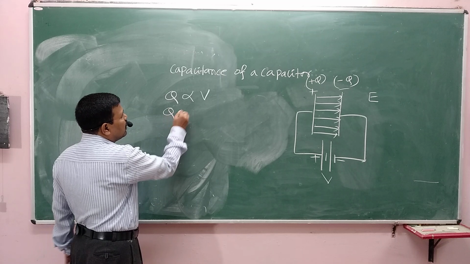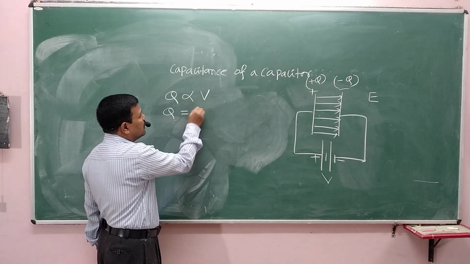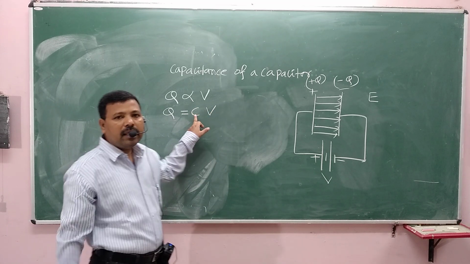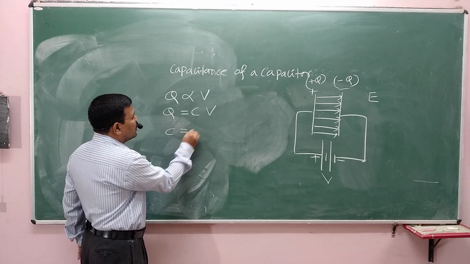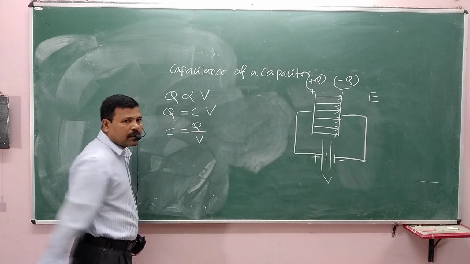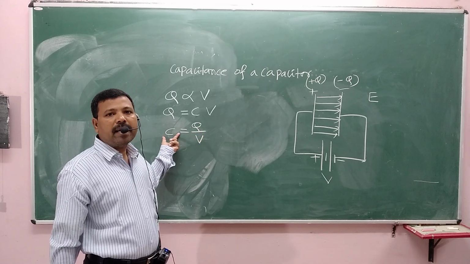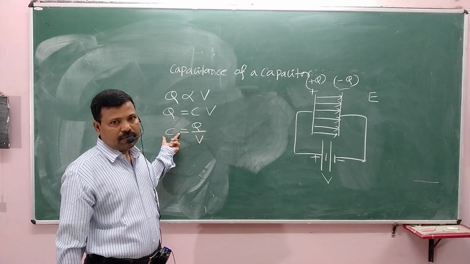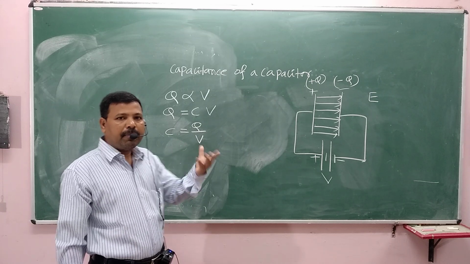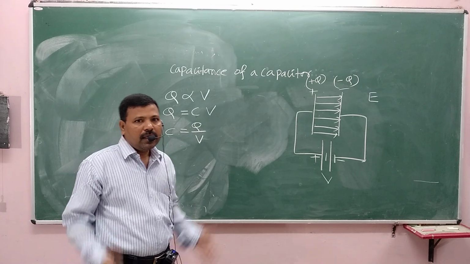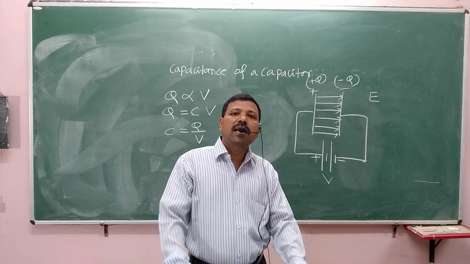Then, keeping a proportionality constant, we can write Q equals CV. C is a proportionality constant. C is equal to Q upon V. This charge per unit volt is called capacitance. Charge per unit volt is called the capacitance of the capacitor. It is the ability of the capacitor to store electric charges.